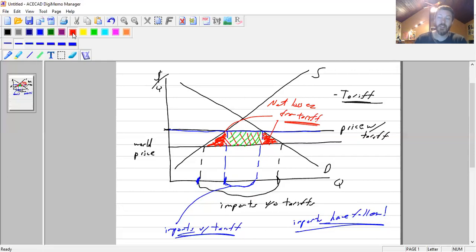So I hope that this little discussion has been beneficial. You see how we can use the supply and demand model in more and more scenarios to understand more about the world. I think this is a really cool illustration of how you can make sense out of what's happening in the world with supply and demand. I think it's super cool. I hope you appreciate it as well.